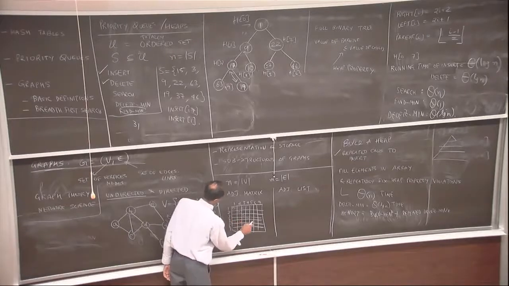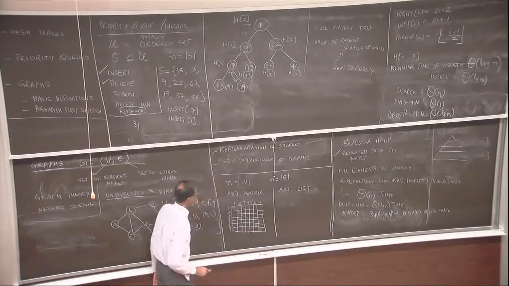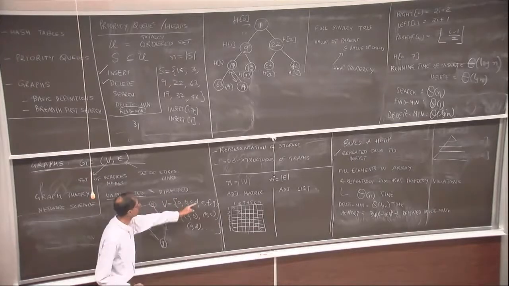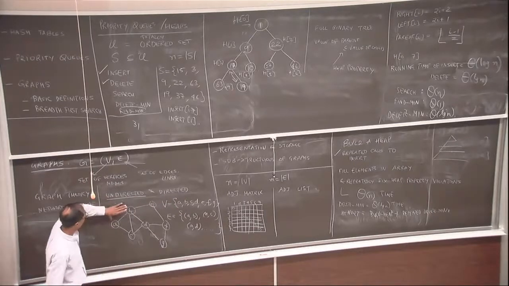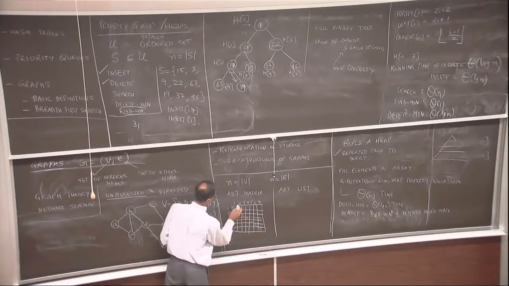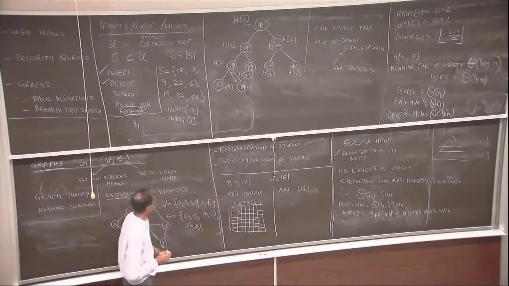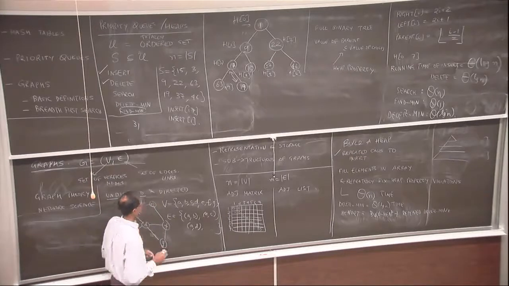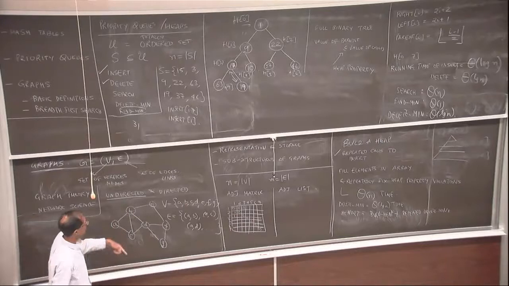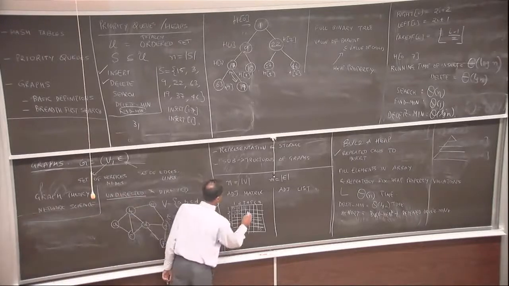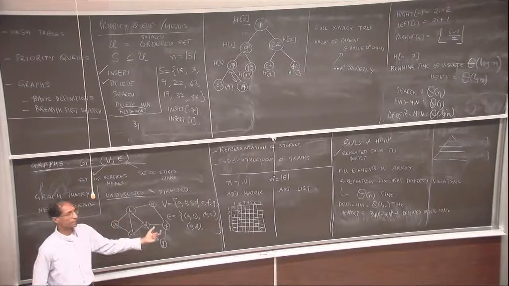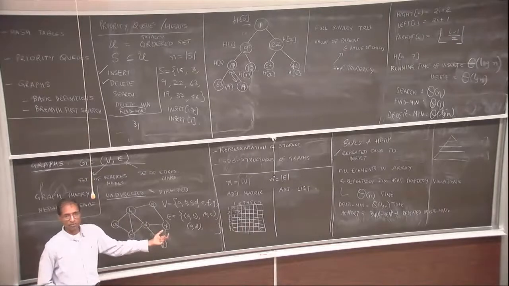There is no edge from a vertex to itself in this picture at least. And then you will add an edge. So A is 1, B is 2, C is 3. So there is an edge between A and B. So there is an edge between 1 and 2. And the same edge is also there between 2 and 1. There is an edge between A and C. There is an edge between C and 1. There is an edge between B and D. And so you get the idea. So you have an entry in the matrix whenever the corresponding edge exists.